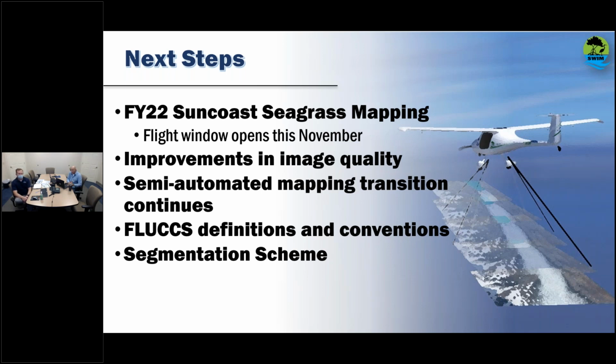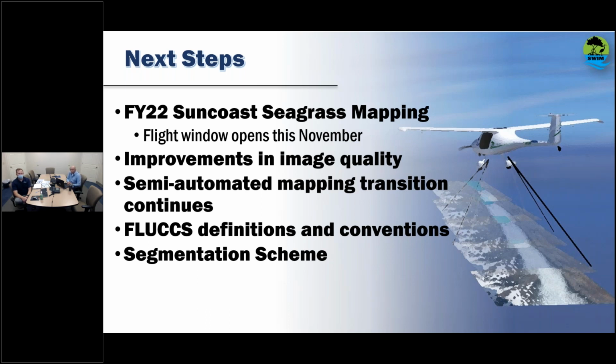We do have a lessons learned that we put together for FY20, and we'll be incorporating that and several other things. So a couple of the points below that FY22 bullet: we continue to see improvements in image quality.